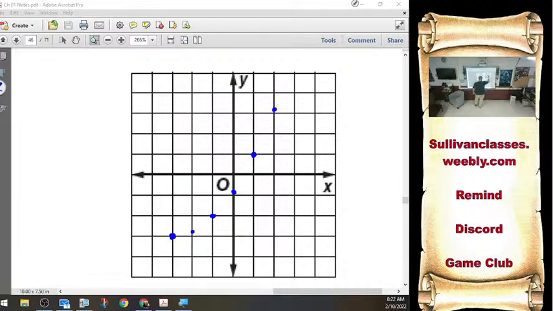So this is 3 on that slide. I'm making that graph. There is a vertex at -3, -3.